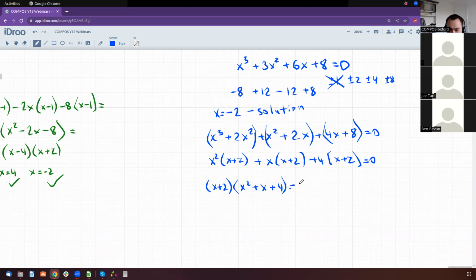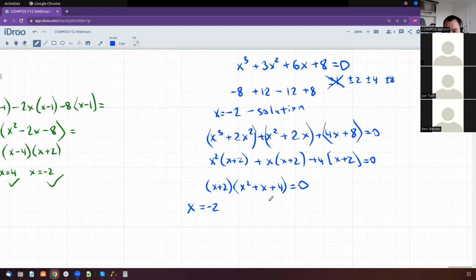I don't like that at all. This doesn't factorize as far as I understand. There are no numbers that you can add to 1 multiplied to 4. That doesn't work. So x equals -2 is the first solution.